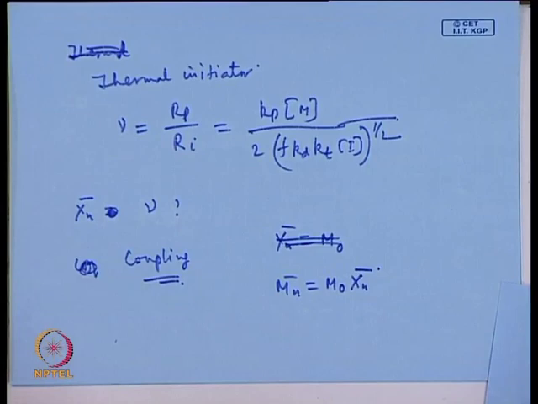So, the kinetic chain length is basically the number of monomers consumed per radical. You have a propagating radical chain and another propagating chain; if they are terminated by a coupling reaction, then twice nu is the average degree of polymerization, whereas if they are terminated by disproportionation reactions, then the average degree of polymerization equals the kinetic chain length nu.